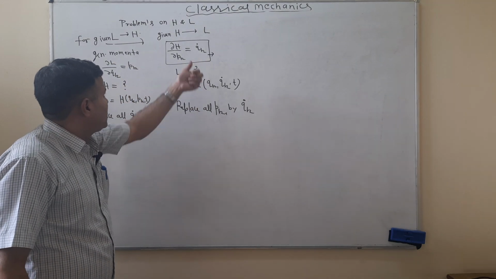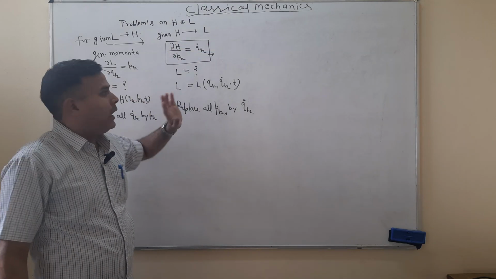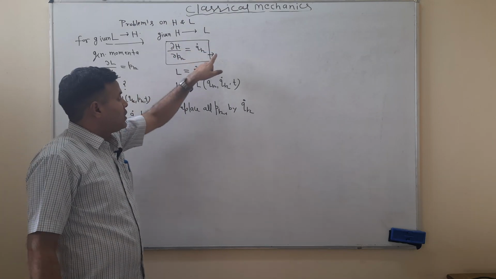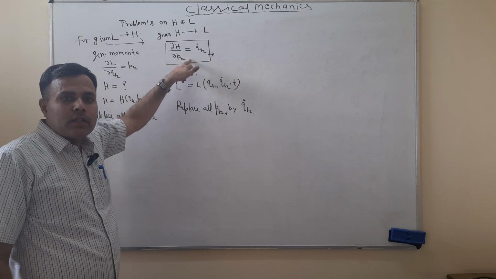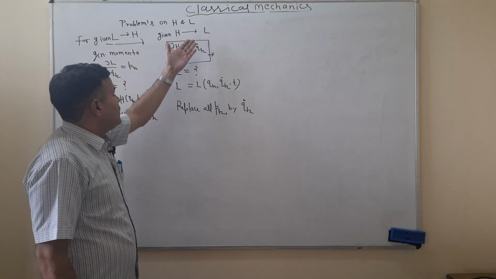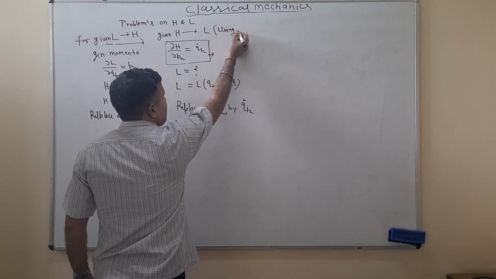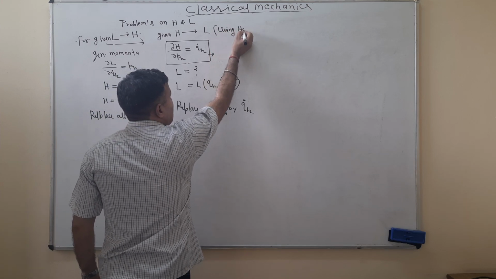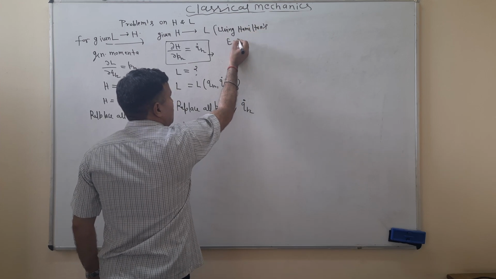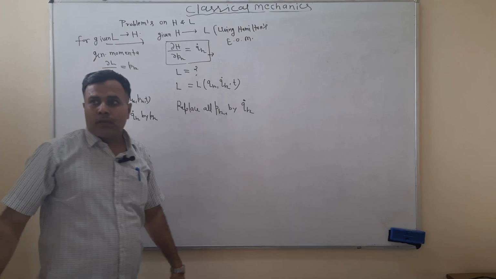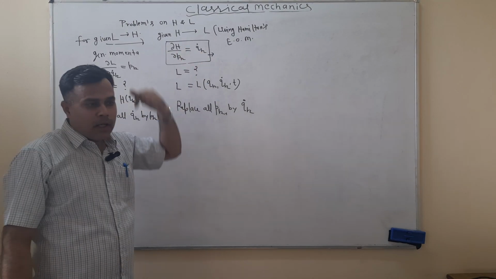Out of these three sets, this is a very important set to convert our H into L. So using Hamilton's equation of motion we can convert our H into L.